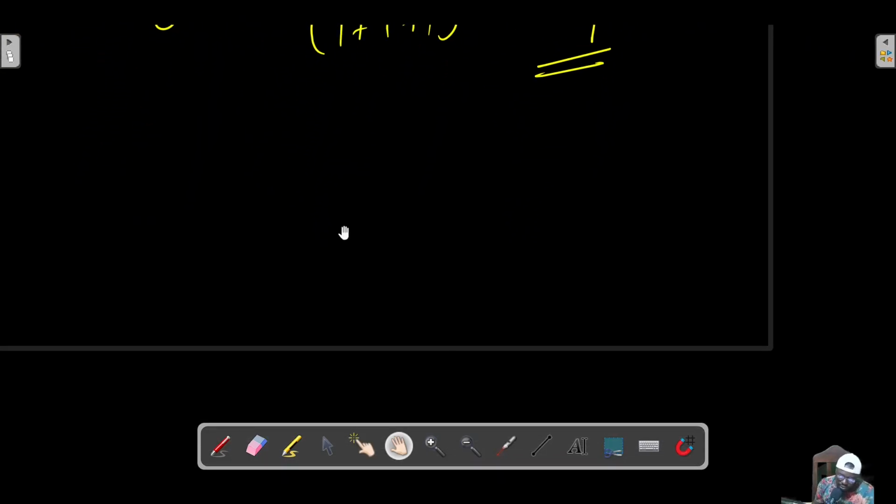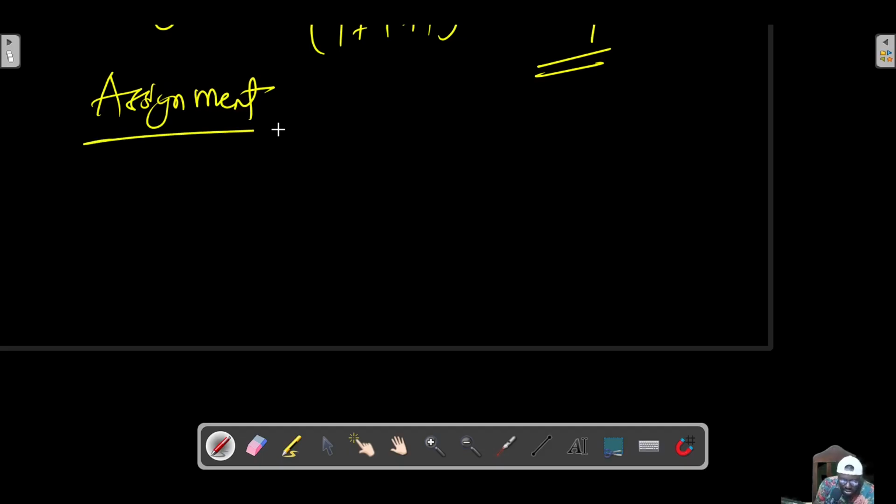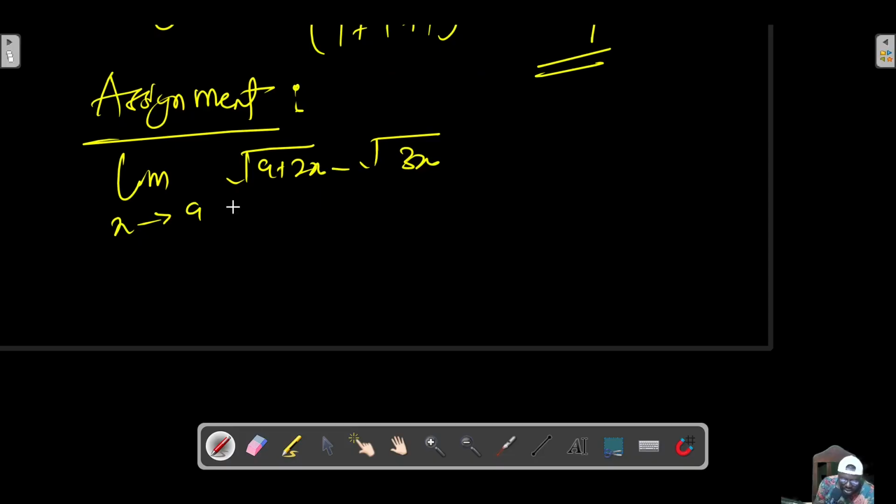So let me give you an assignment for you to try. Then we'll start with what we're supposed to start today. So, assignment, try this. The limit as x approaches a of the expression root of a plus 2x minus root 3x, all over root of 3a plus x minus 2 root x.